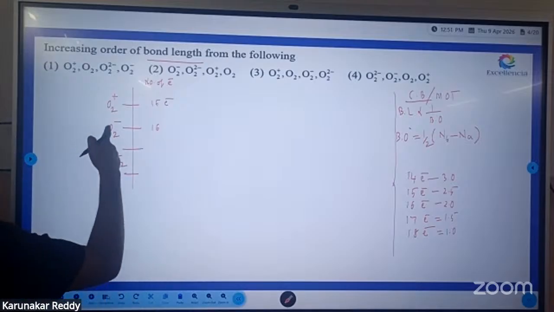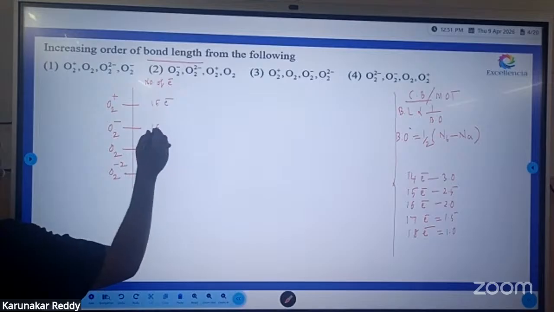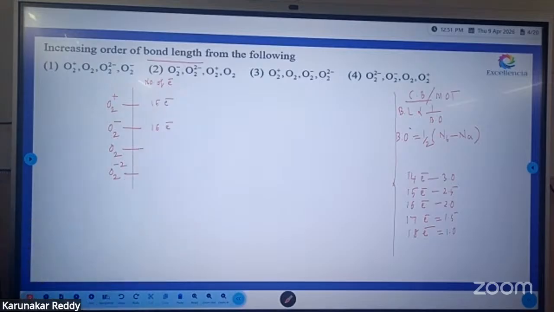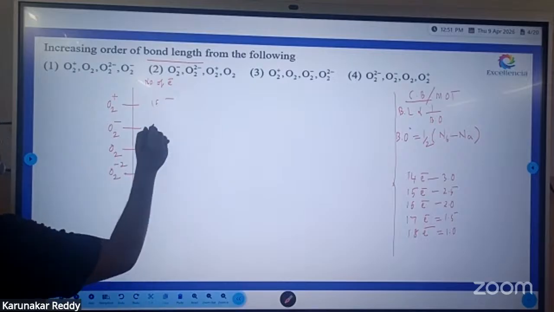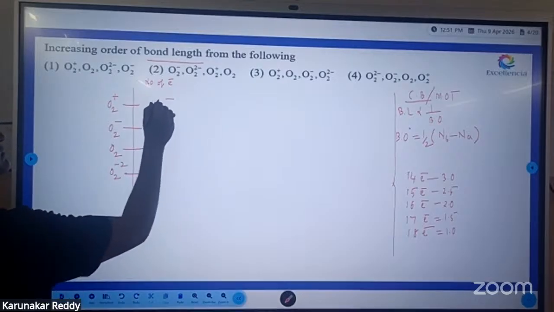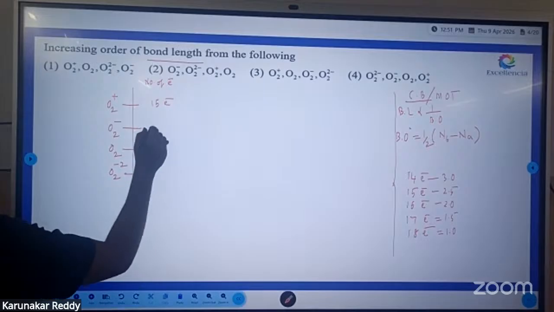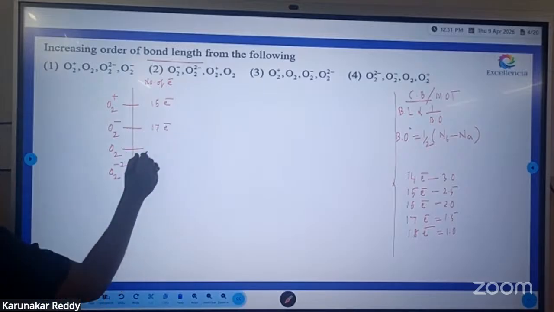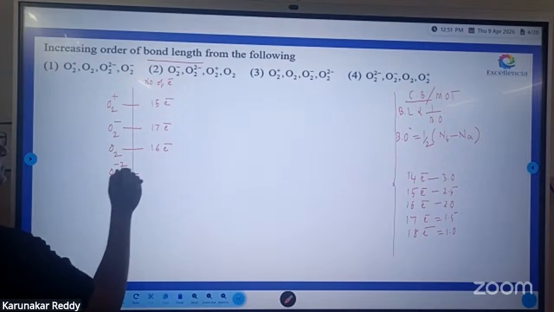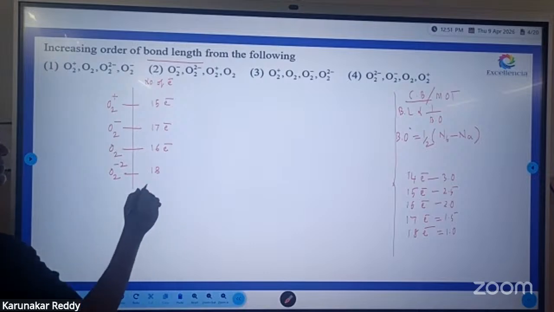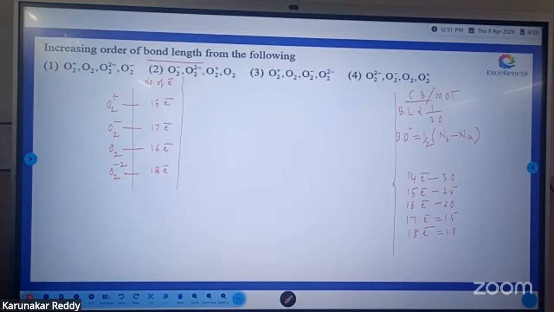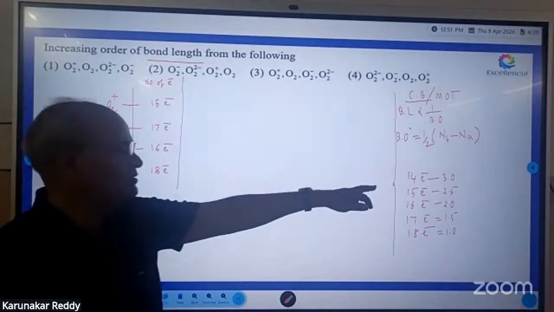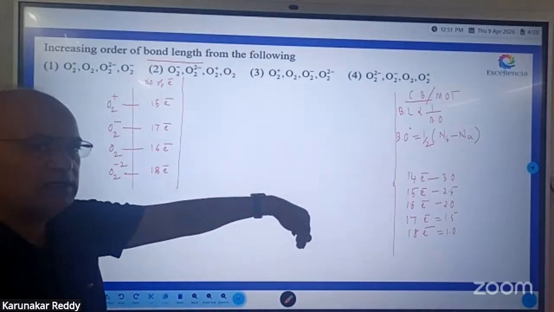So the superoxide has 16 plus 1, that is 17 electrons. So here it has 15 electrons, and here 17 electrons. This one has 16 electrons, and here there are 18 electrons. Based on this number of electrons, we already calculated the values, and we are using them for ease.